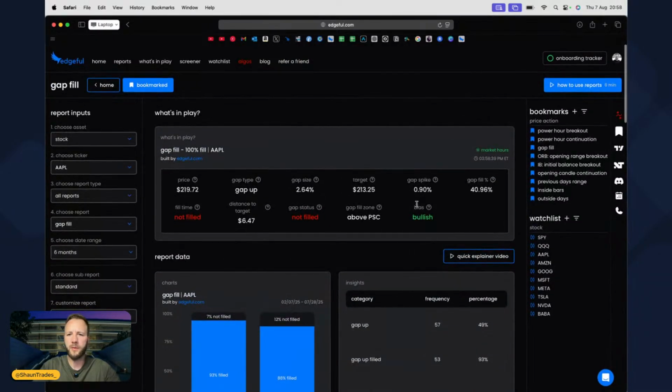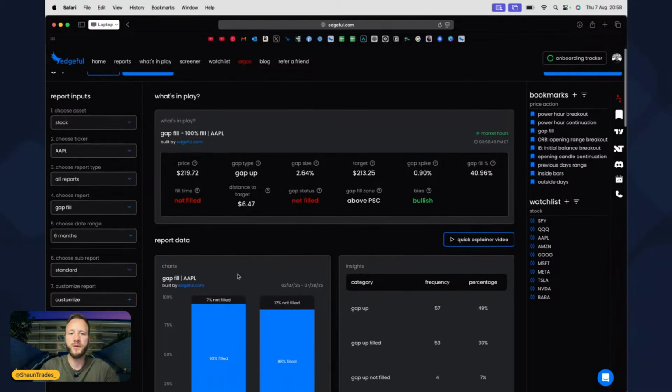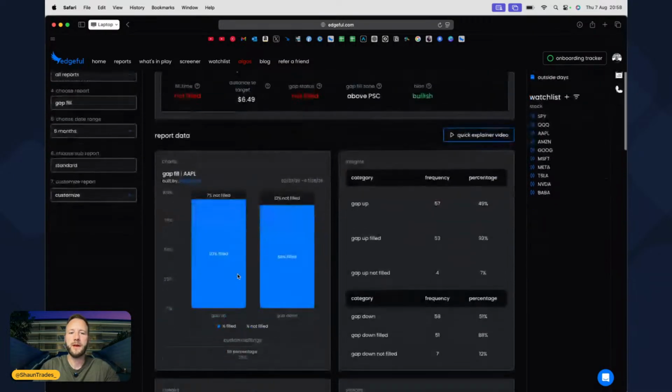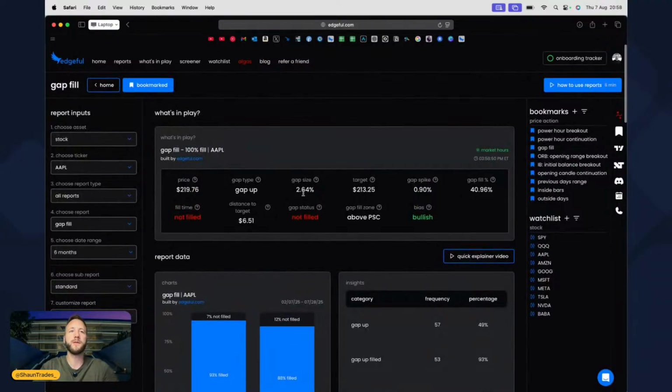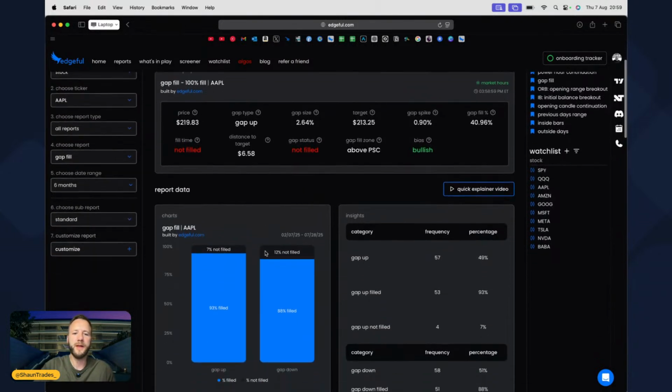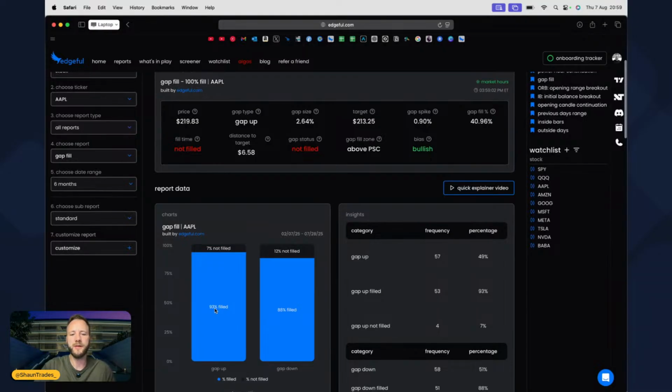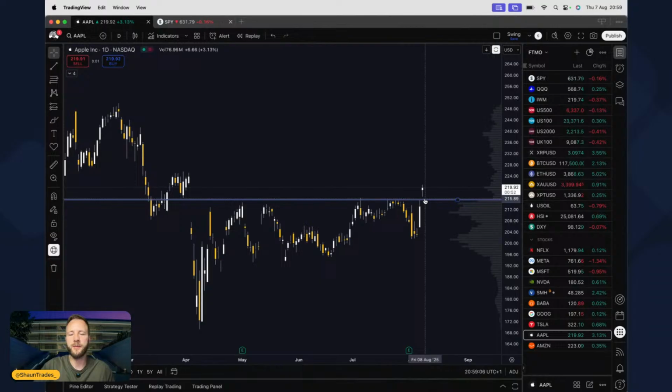The gap up was 2.64%, which is a pretty big gap, and I've gone for 25% of that. So 25% of the 2.64 would be 0.65%, sorry. So you'd want it to come down 0.65%, and that has happened 93% of the time. And you can see already in the chart that's happened.